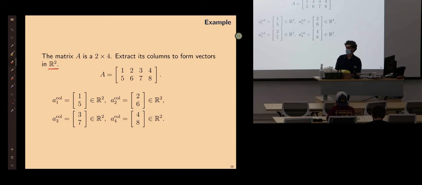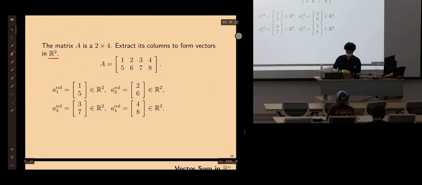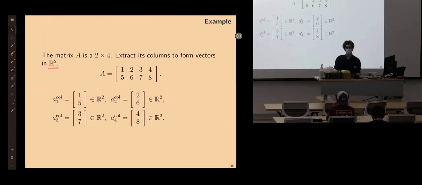These vectors are 2D vectors. But we have 4 of them. Maybe we can visualize it. Is it a bad idea? Any objection? Here is our chance to visualize. If it's 4D, 5D, forget about it.